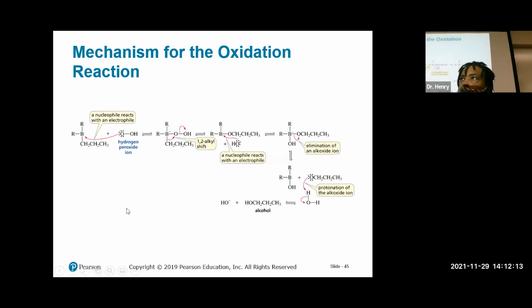So if we had the peroxide, so this is the hydrogen peroxide ion. In this case, we've already lost one of the H plus. So in this case, the electrons are going to be transferred over to the boron.